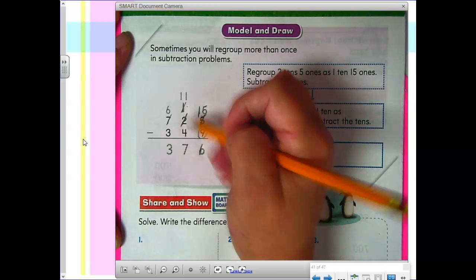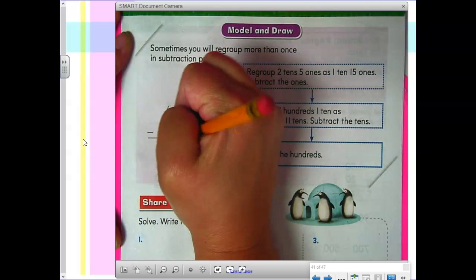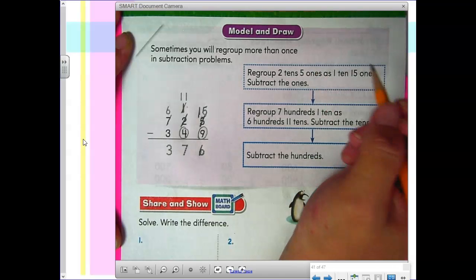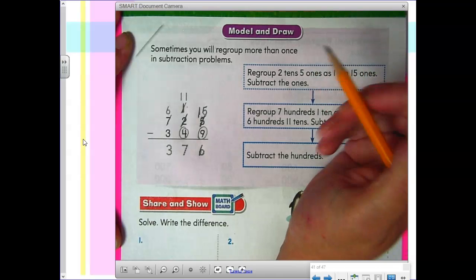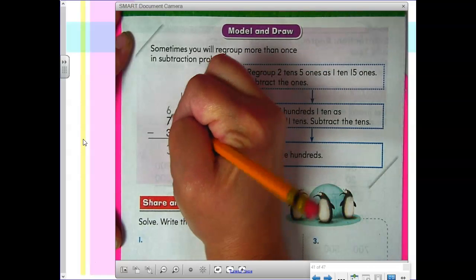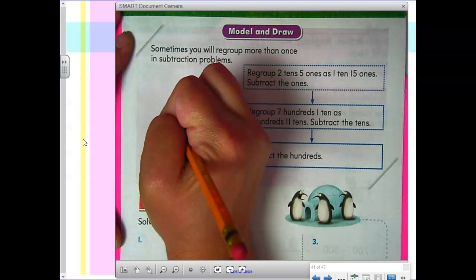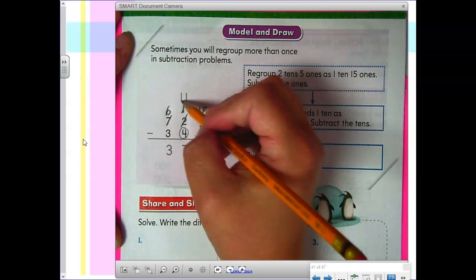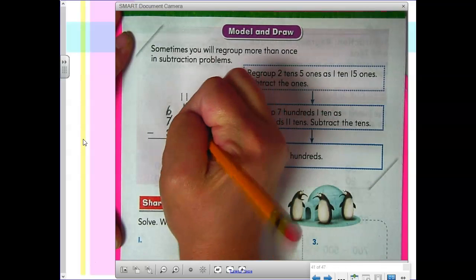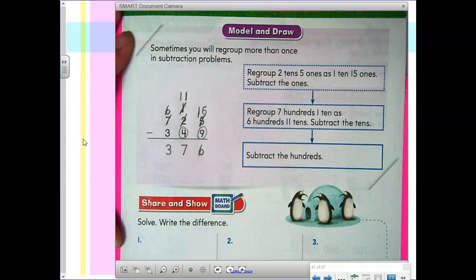Now we have 1 minus 4. Aren't our big numbers on the floor? So that's not going to work, is it? So we're going to have to go next door and grab 10 more. So that 7 becomes a 6. Now we have a 1. We've got to add 10 to it. That 1 now becomes an 11.